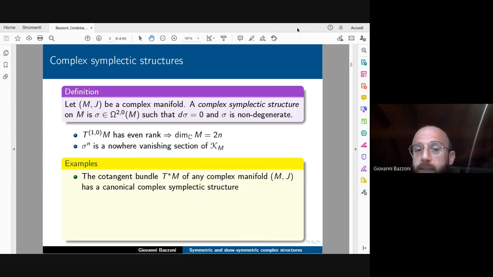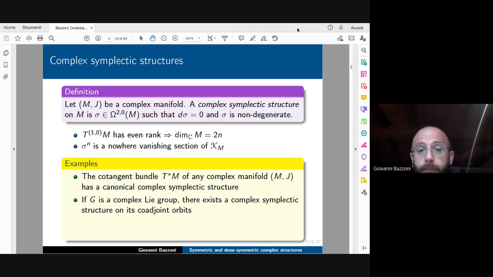What are the first examples that one can come up with? Well, if you have any complex manifold M_J and you take the cotangent bundle, pretty much as it happens for the cotangent bundle to any manifold, this cotangent bundle to any complex manifold has a canonical complex symplectic structure, which is constructed just formally in the same way in which one constructs the canonical symplectic structure on the cotangent bundle of any manifold.